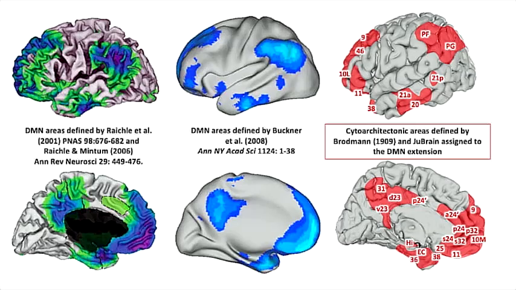But an anatomist is not completely satisfied. He wants to know the regions. And therefore, I have selected two of the most frequently cited schemes of the default mode network. One published by Buckner et al., and the other one by Raichle and collaborators.